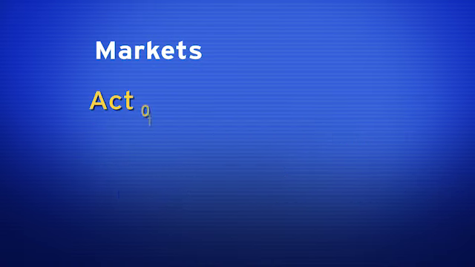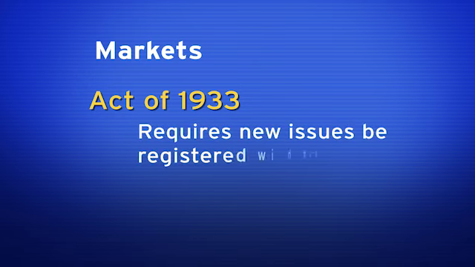Now, the Act of 1933 requires new issues be registered with the SEC. So underwriters help with this registration process, but it's the Act of 33 that requires new issues to be registered with the federal government.